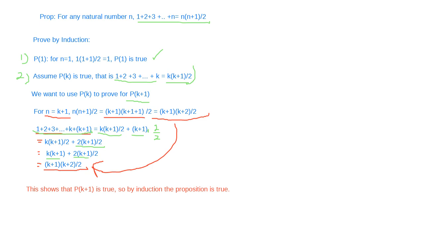Do you see k plus 1 is a common factor of these two terms? So I factor out k plus 1. What's left for the first term? That's k. What's left for the second term? That's 2. So this simplifies to k plus 1 times k plus 2 divided by 2. And this is exactly the k plus 1 times k plus 1 plus 1 divided by 2 term. So this shows P of k plus 1 is true. So by induction, the proposition is true.